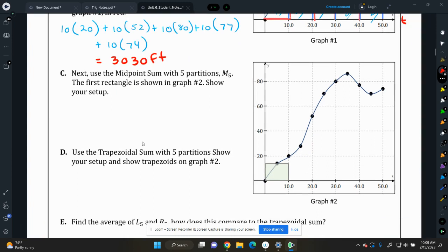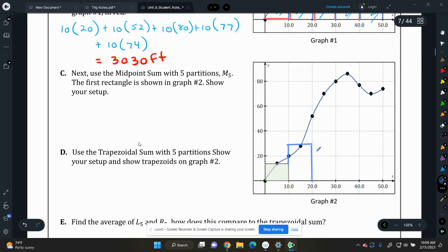Okay, midpoint approximations. I'm going to do this one a little bit slower with you. Let's look at our rectangles. The middle of the rectangle comes in contact with the curve. Okay, the middle of the rectangle is crossing the curve.